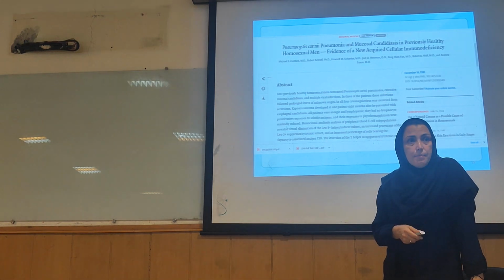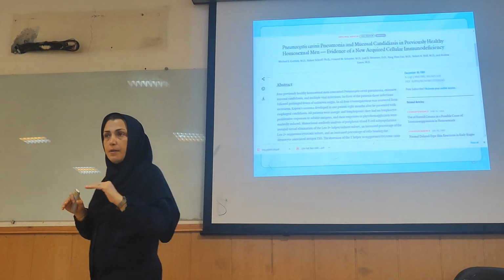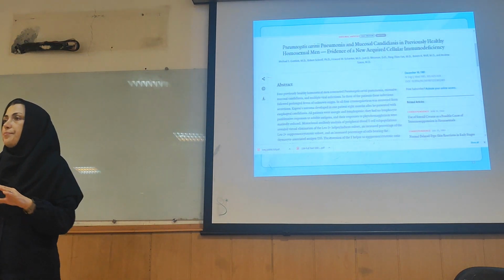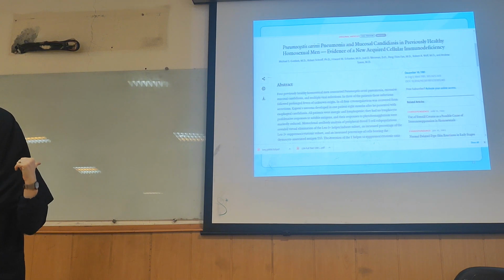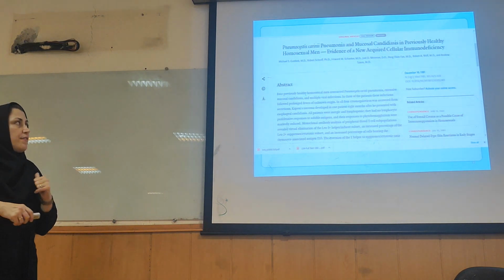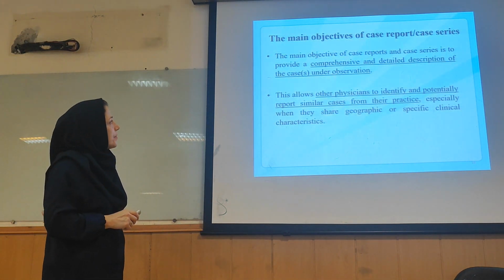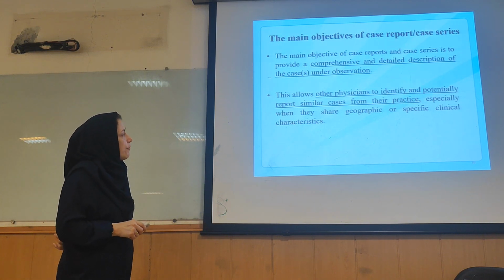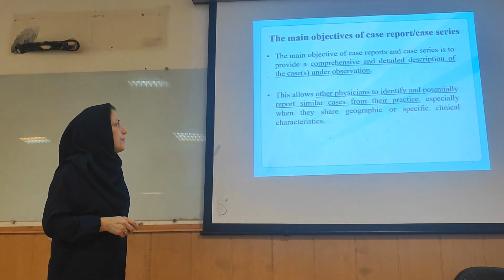So it is simple, and I showed you that the level of evidence in that study is very low, but the result might be so significant. The main objectives of case reports and case series are providing and sharing information with other scientists and physicians.